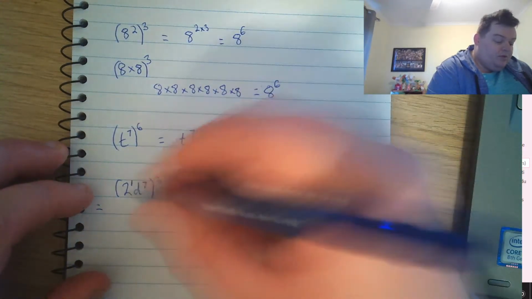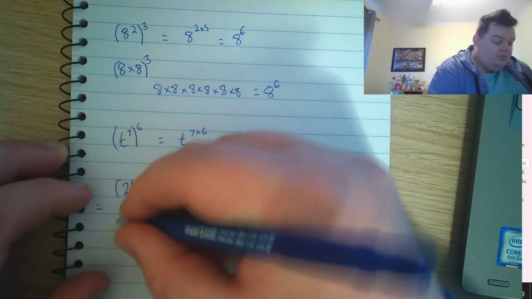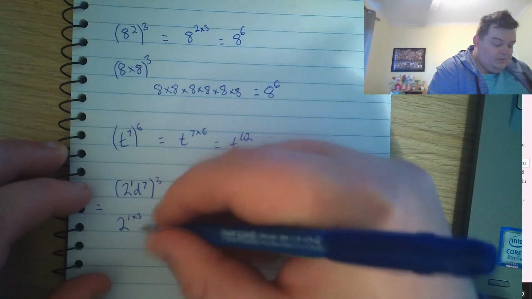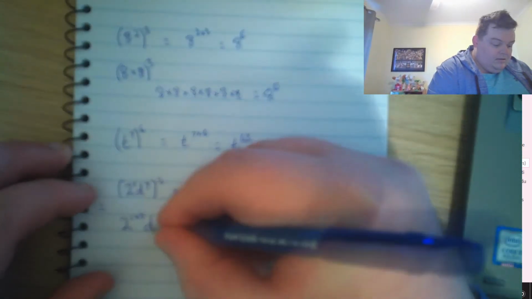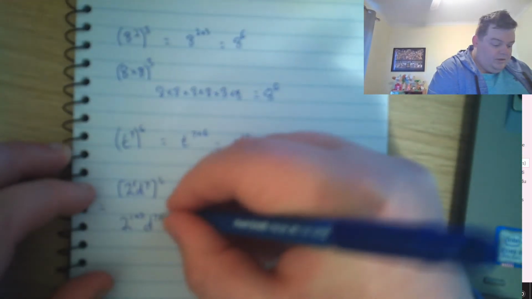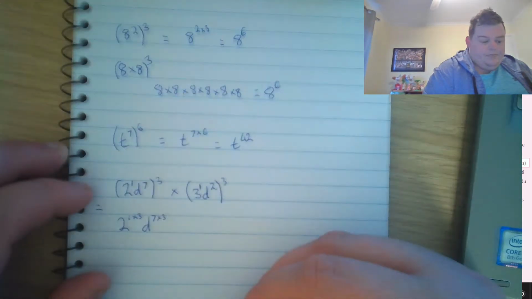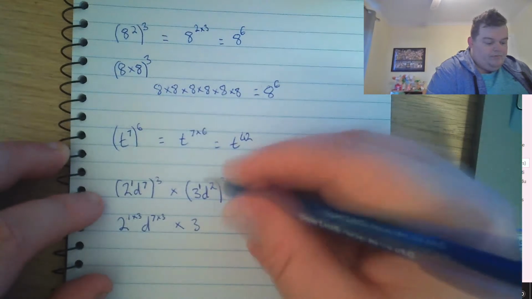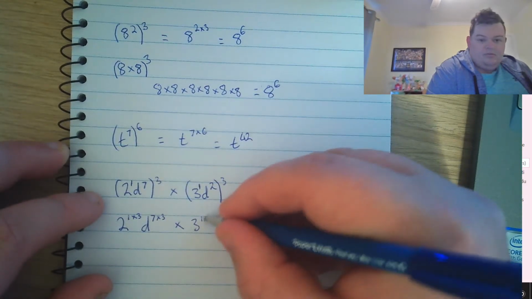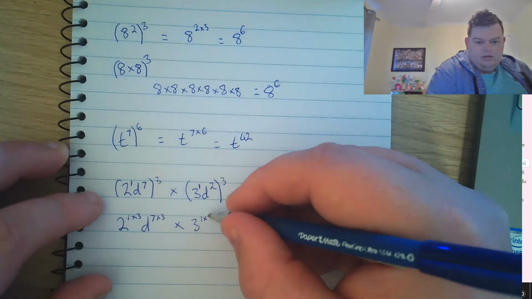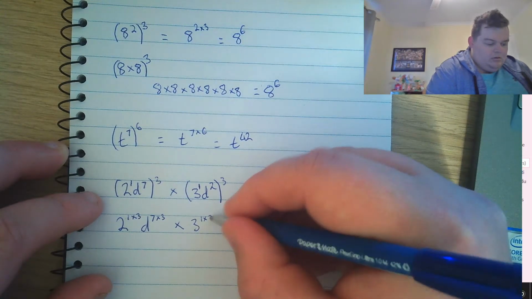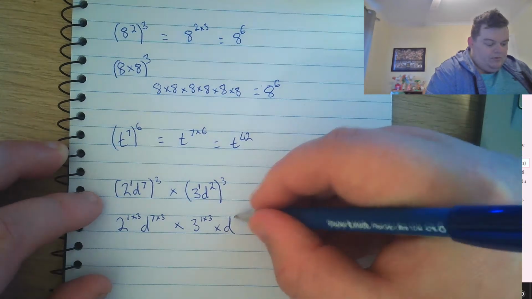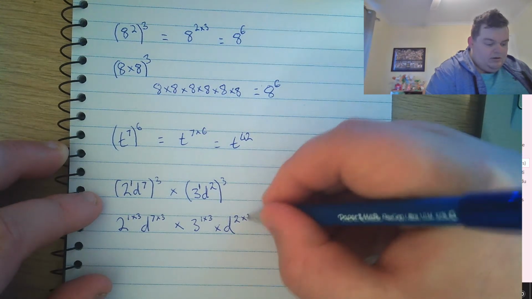Okay, so that equals 2 to the power of 1 times 3, and d to the power of 7 times 3, multiplied by 3 to the power of 1 times 3, times d to the power of 2 times 3.